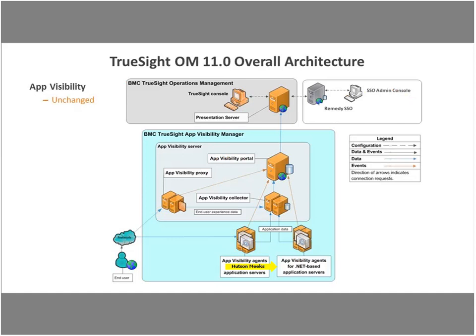All of this remains the same as it was in the previous releases from a high-level architecture perspective. The agents basically report their data up into the app visibility server or portal through this app visibility collector. Some of these components can be distributed. Actually, all these components can be distributed here. You may or may not be using a proxy with this.